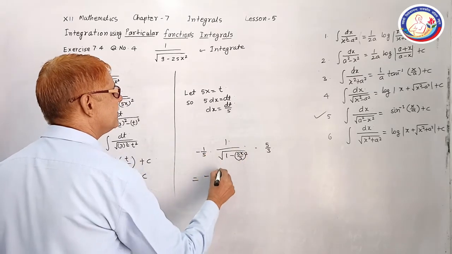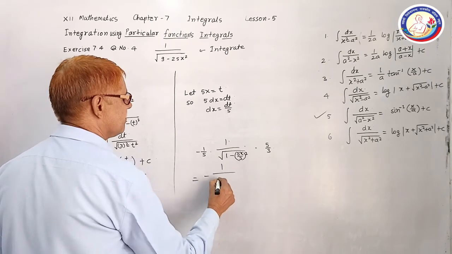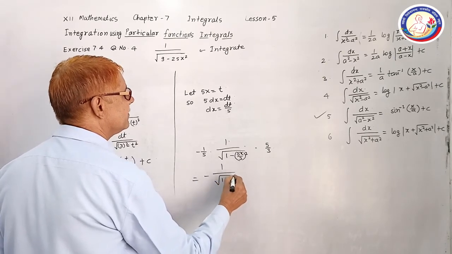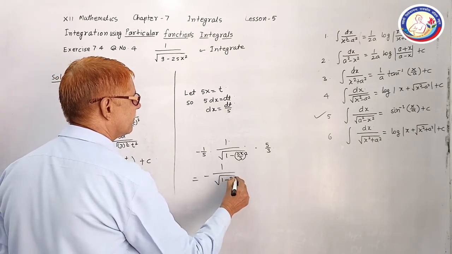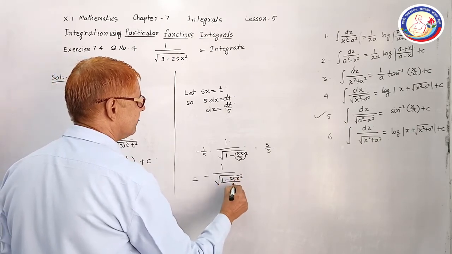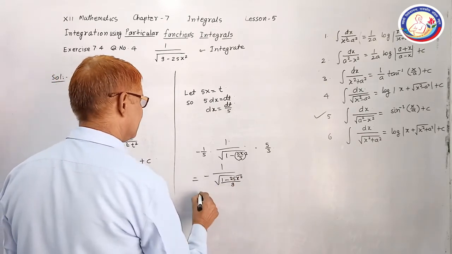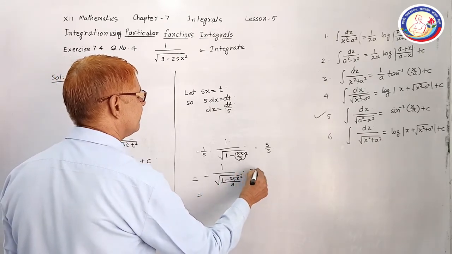5 cancels, 5 minus 1 upon... We can write it as 1 minus 25x square upon 9, 9 into 3.